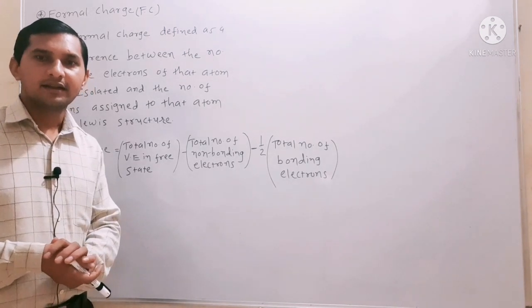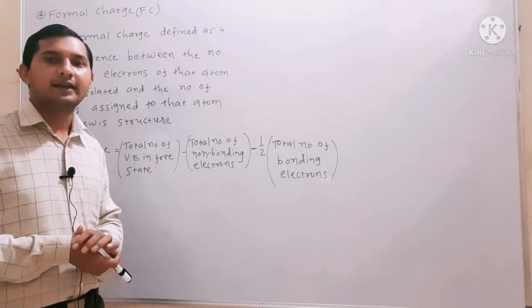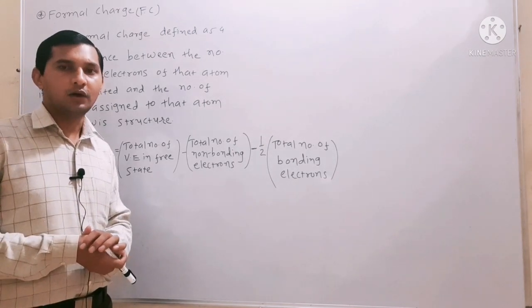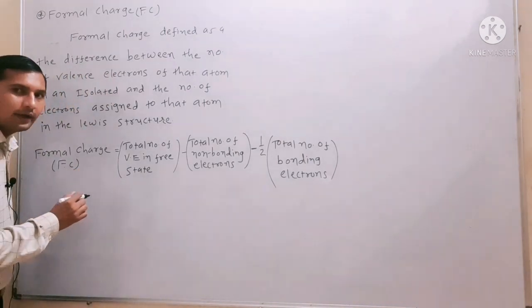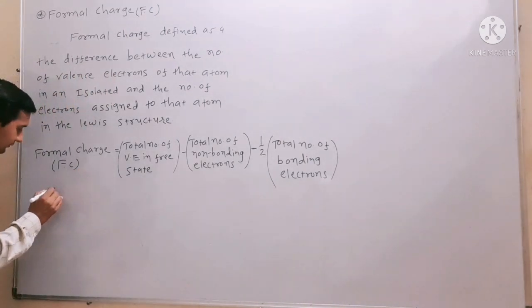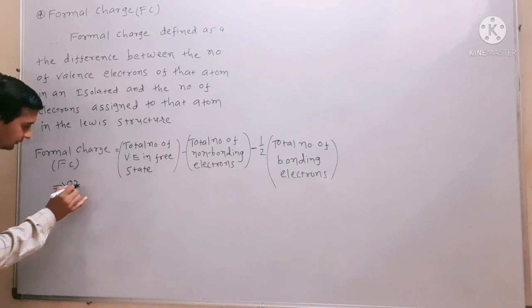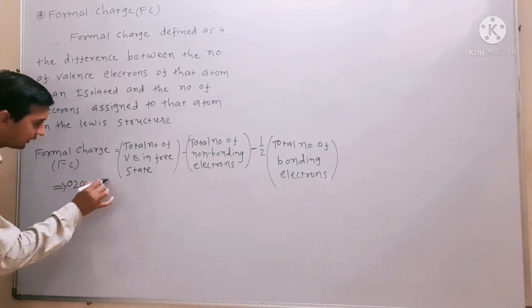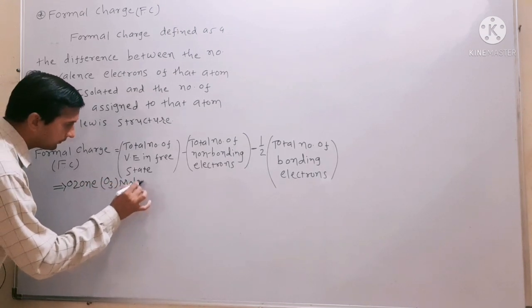We will explain formal charge by understanding one example, and the example is the ozone molecule. Consider this ozone, O3 molecule.